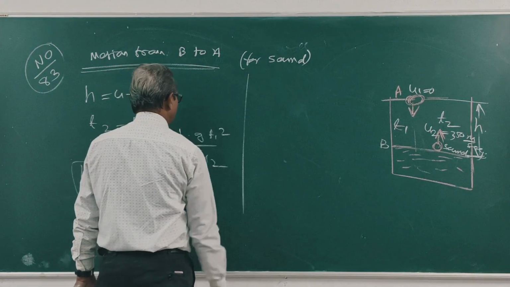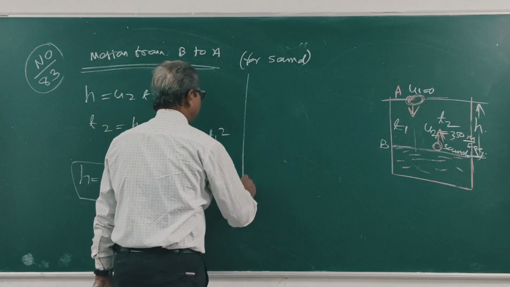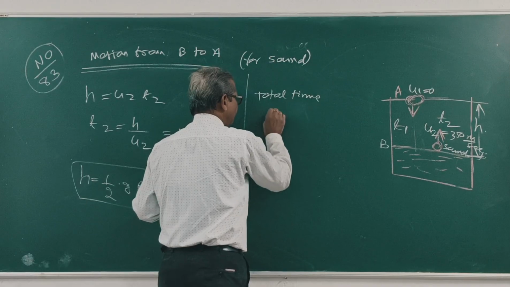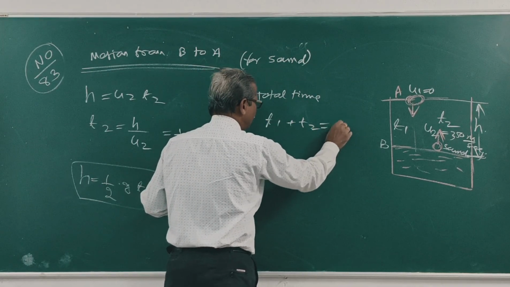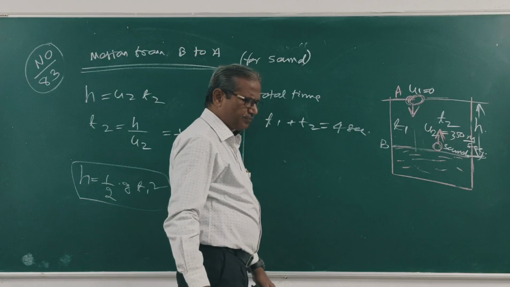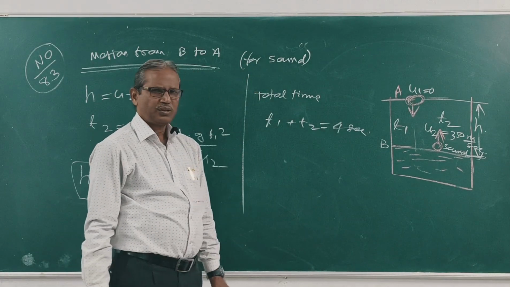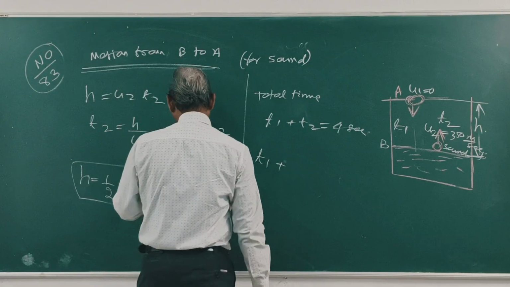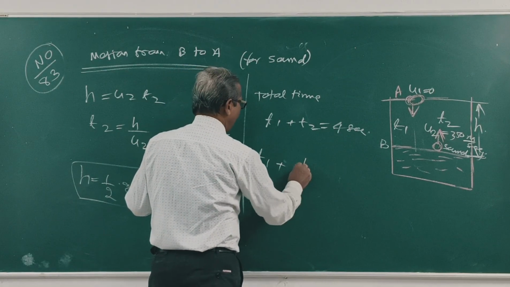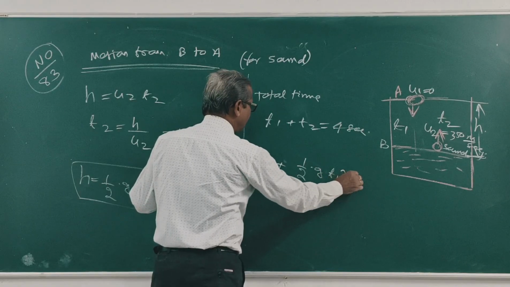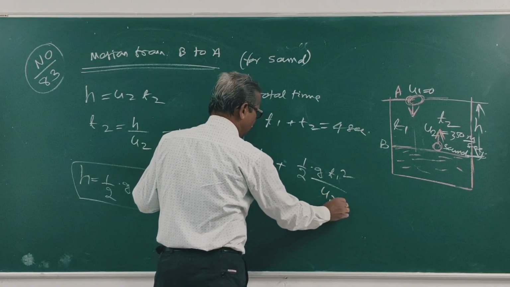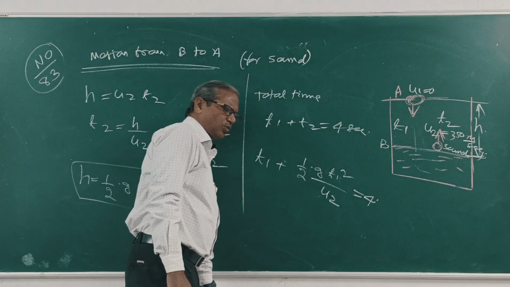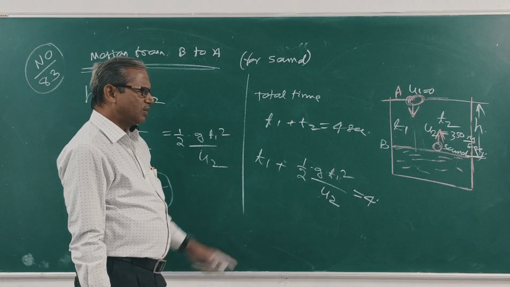Now, total time T1 plus T2 is equal to 4 seconds. Clear? So T1 plus T2, this is T2, half G T1 square by U2, equals 4. Clear? Put U2 equal to 350.